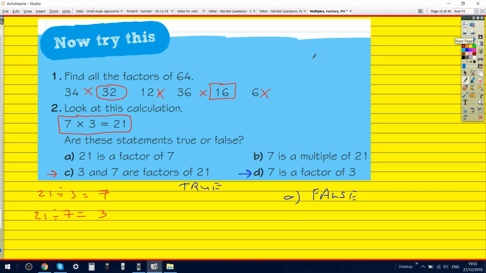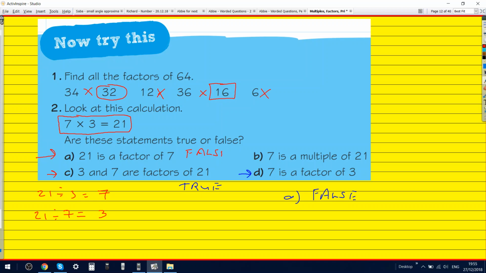So let's try A. 21 is a factor of 7, true or false? I think it's true because 21 is in the 7 times table. So that would mean 21 is a multiple of 7. Wait. So do you do 21 times something to get 7? No, so that one's false.